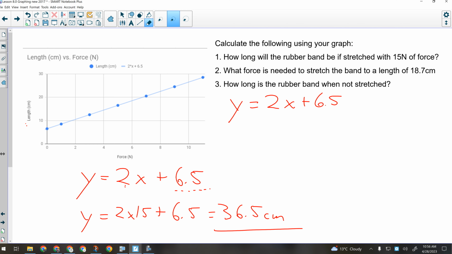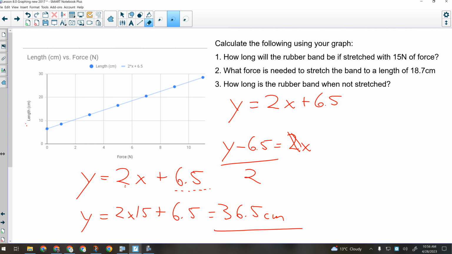What's attached to x? The 2. So what should I move first? The 6.5. Yeah. So I'm going to subtract. I have to do the opposite if I want to move it. So I'm going to go y minus 6.5 equals 2x. How do we get x by itself? Divide by 2.